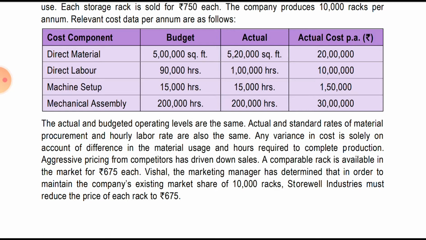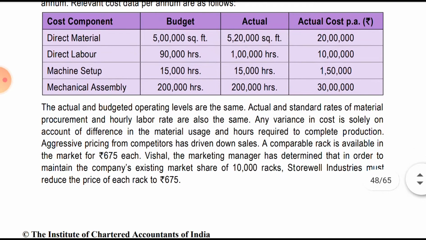But the rate per unit of direct material and direct labor is the same as budgeted. They have also given that any variance in the cost is solely on account of the difference in material usage and the hours required to complete the production. Aggressive pricing from competitors has driven sales down. A comparable rack is available in the market for 675 each, while we are selling at 750.